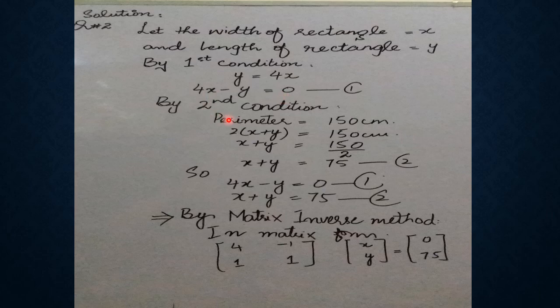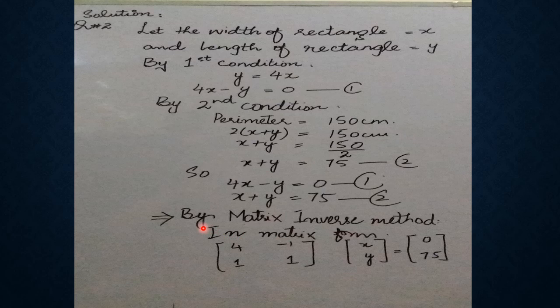Second condition: perimeter is equal to 150 centimeters. We know the formula of the perimeter of a rectangle is 2 into length plus width, which is equal to 150 centimeters. 2 will be divided into 150, so it is equal to 75. This is equation number 2. So now we have two equations, equation 1 and equation 2.